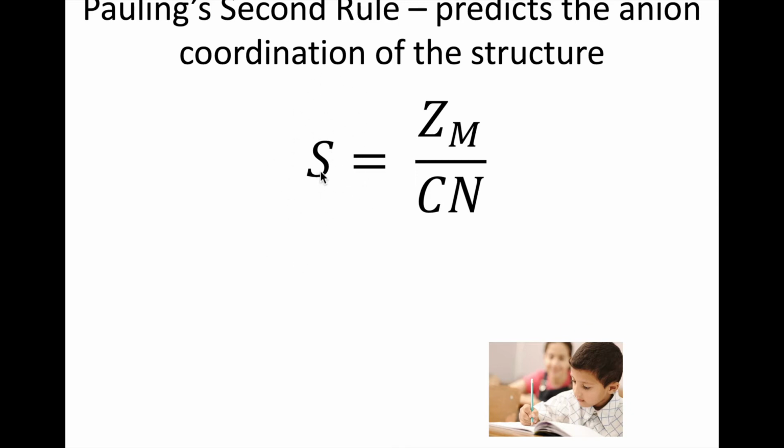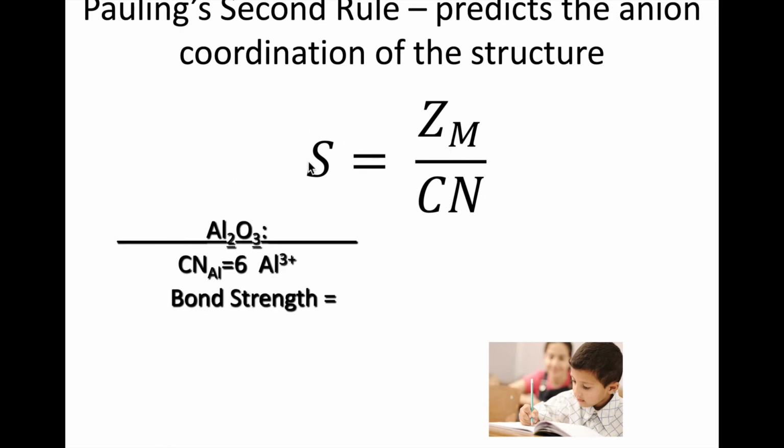The bond strength is equal to the charge of the metal, where Z is charge, M is for metal or cation, over the coordination number, also for the metal. We've just calculated this with Pauling's first rule. We know the charge if we know the material that we have, and so we can calculate the bond strength.